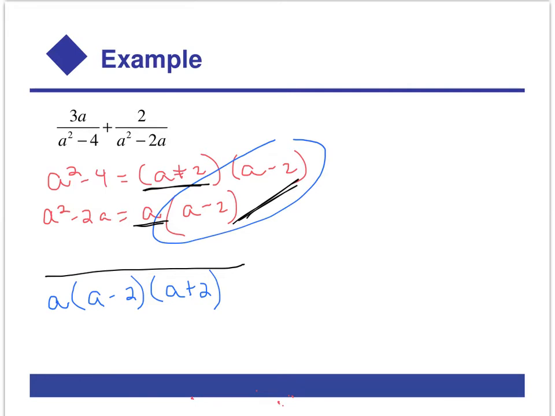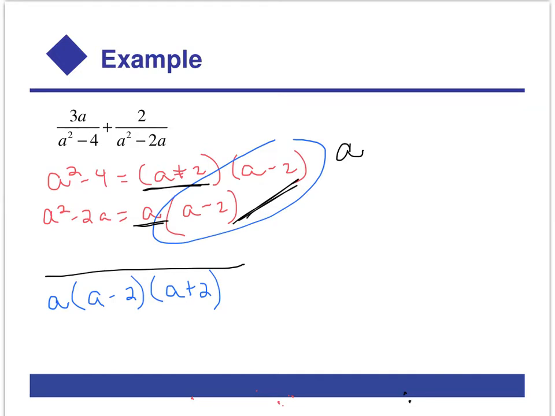So, what would you have to multiply the a squared minus 4 by to come up with everything that is in that bottom? An a. We would have to multiply this by an a. And that means we'd have to multiply the top and the bottom by a.